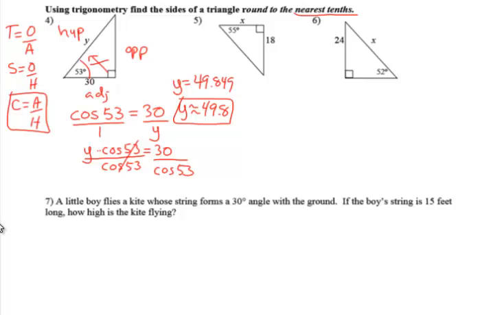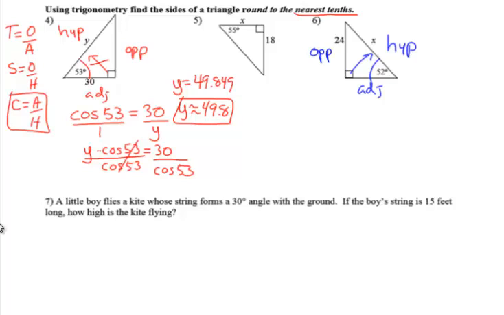Both of them have a similar approach here. But what we see in number 6 is here's my angle. Again, right triangle, so I'm thinking Pythagorean theorem, trig. Trig is what we're doing right now. So I've got the hypotenuse, I've got my adjacent side, that's the other one it touches, and then I've got my opposite.